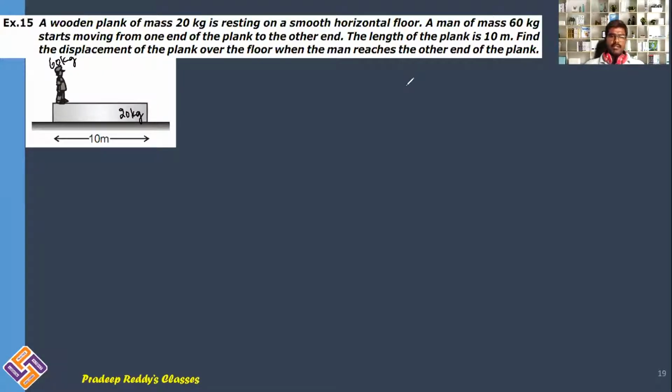So for this, we will consider this as the plank, and we consider this as the origin.